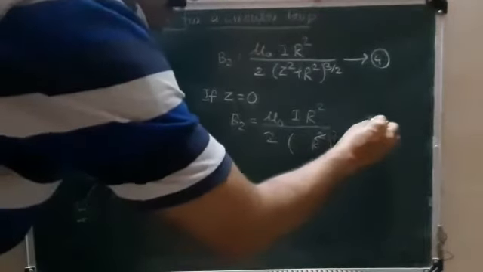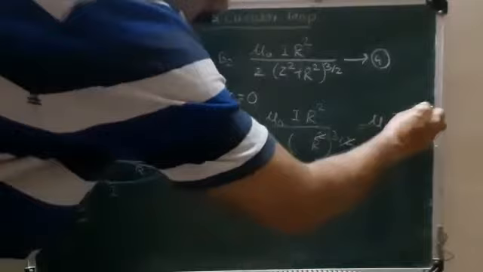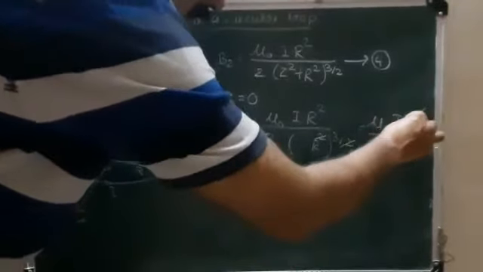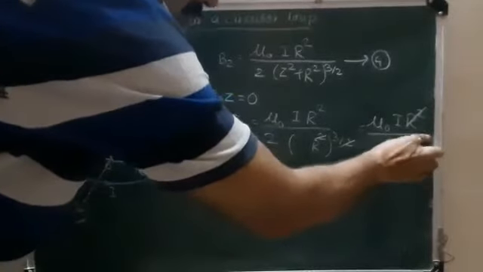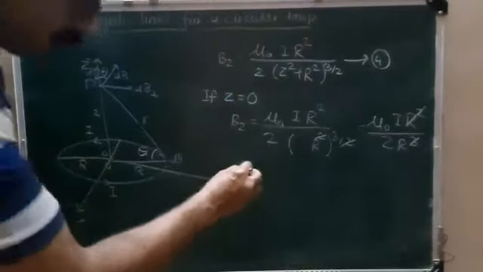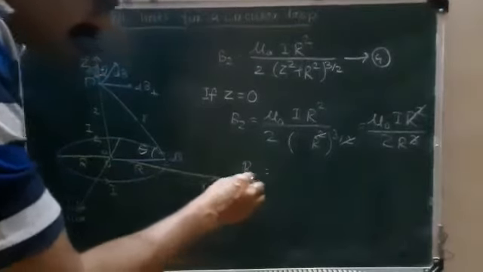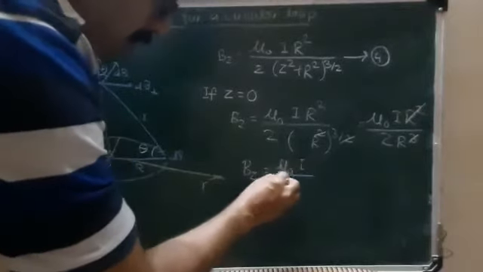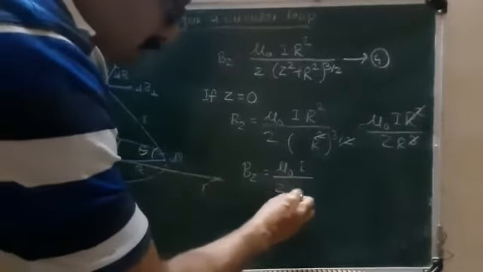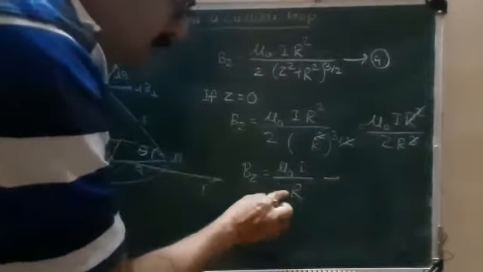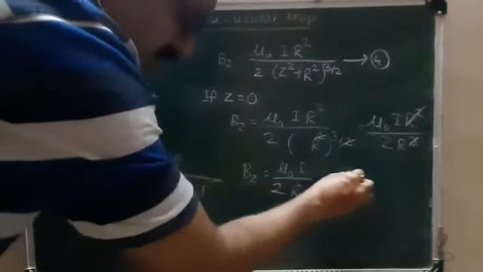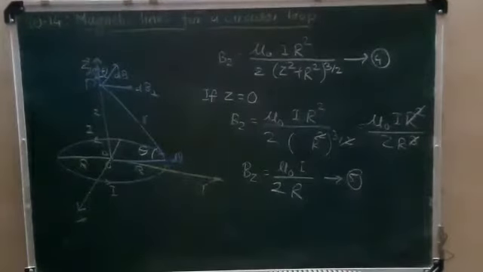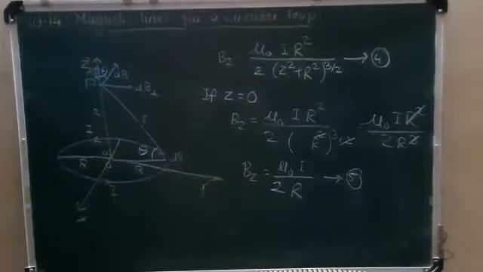Therefore, this equation becomes mu 0 I r square divided by 2 into r cube. This r square cancels and it remains only 1 r. Therefore, the magnetic field of induction at the center will be equal to mu 0 I upon 2r. Call this equation number 5. This is the magnetic field of induction.